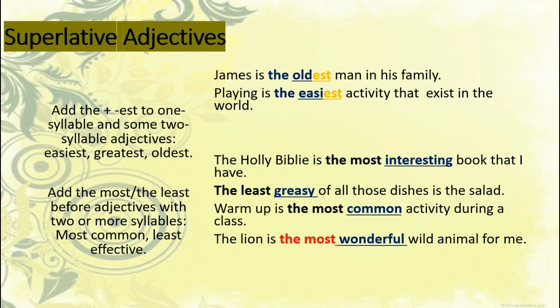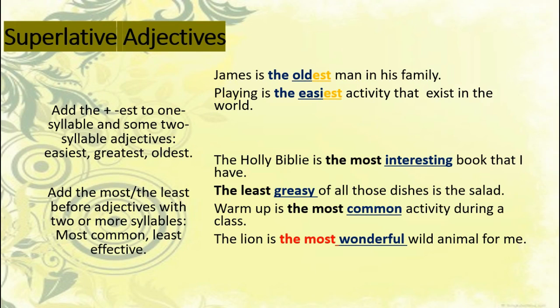Okay, let's continue with superlative adjectives. The rules for superlative adjectives are almost the same as comparative adjectives. The first rule is add the article the plus est to one syllable and some two-syllable adjectives. For example, easiest, greatest, oldest.